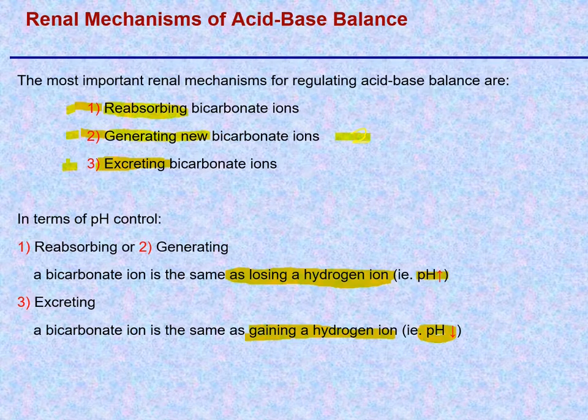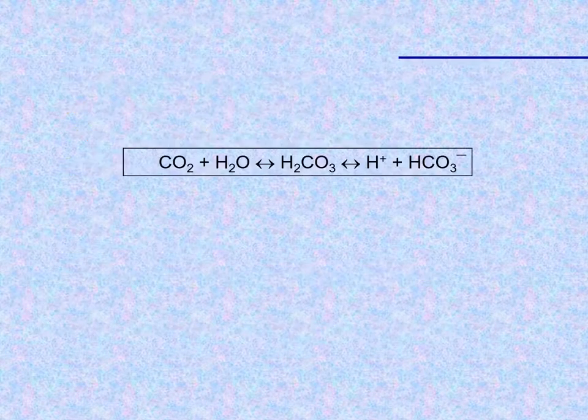If a person has a deficit of hydrogen ions, bicarb can be excreted, and that's equivalent to gaining a hydrogen ion and causing the pH to drop. We're going to go through these one at a time.